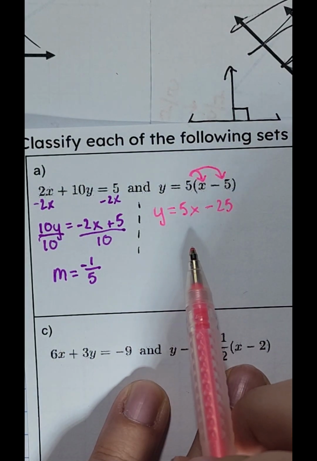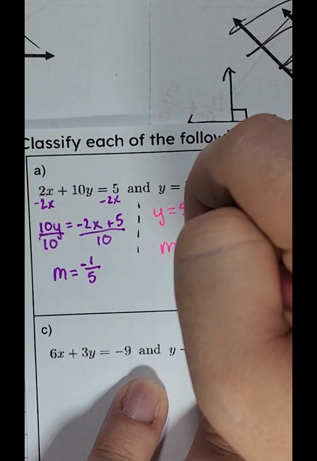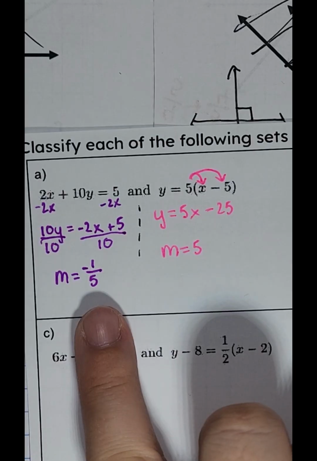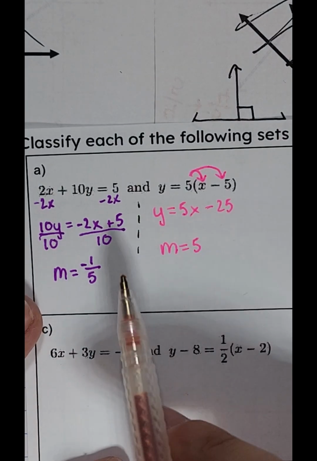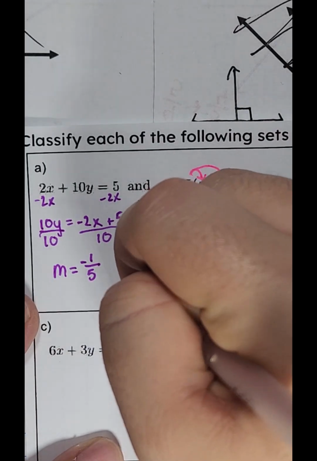Slope for this equation is the 5 right there, so m equals 5. So now we have negative 1/5 and 5. Those are negative reciprocals of each other. So that means that these two equations are for perpendicular lines.